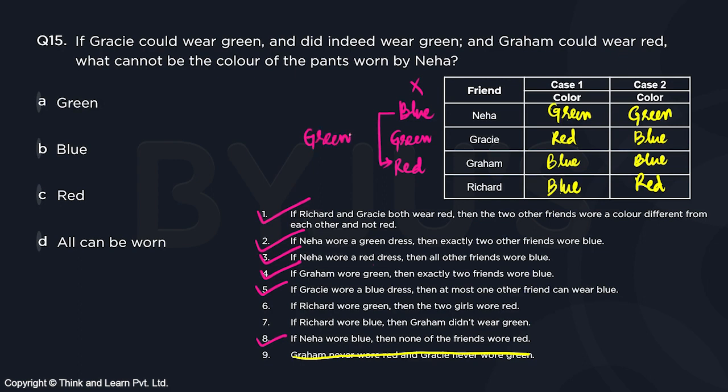Next, if Gracie wears green and Graham doesn't wear red, let's restart. If Graham doesn't wear red, then Graham can wear green as well. So Graham wears green.